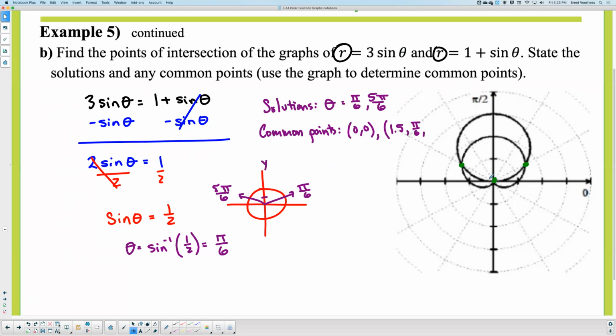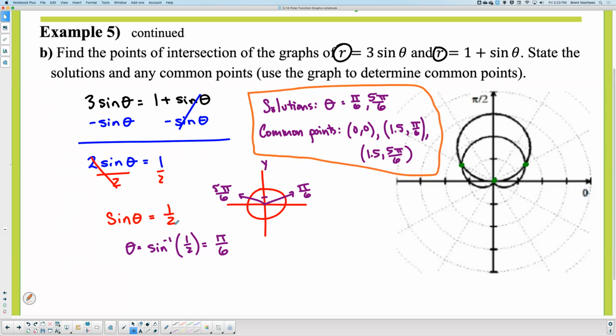And this one looks like it's also 1.5, comma 5 pi over 6. So these would be, again, the solution. Make note, the solutions are actually the spots where mathematically these two equations are the same. A common point is where the graphs are intersecting one another, but they're not mathematically at the same theta happening.